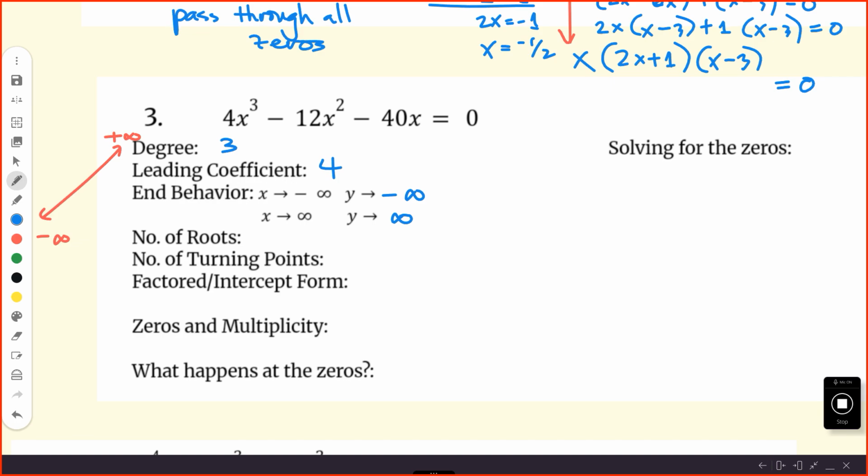Okay, so how many roots do we have here? We also have 3, or I just say exactly 3. And then how many turning points do we have? At most 2. And then we're going to do the intercept form.